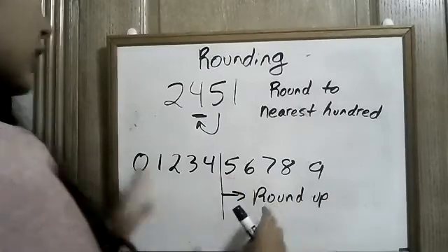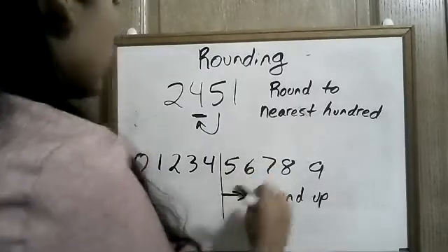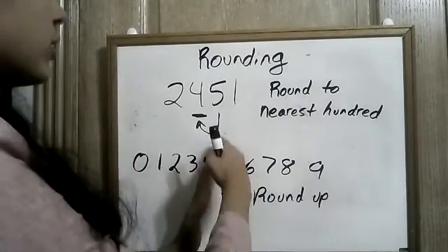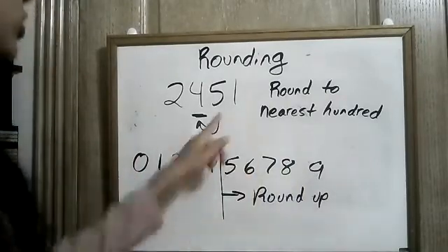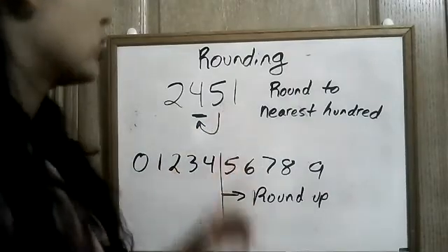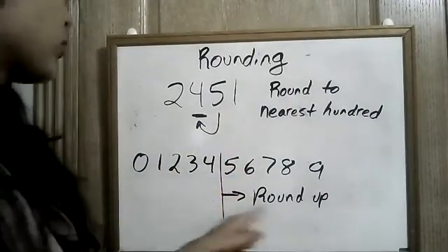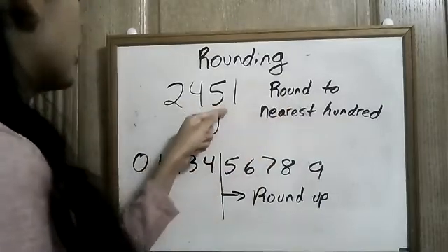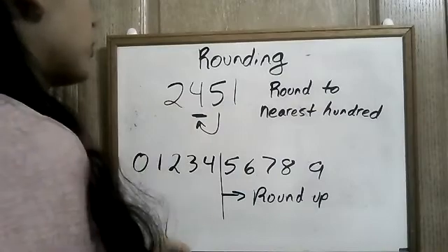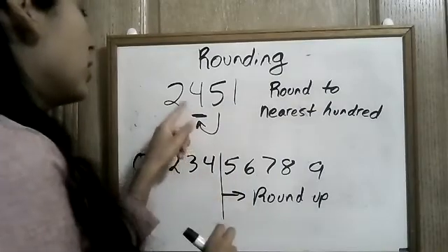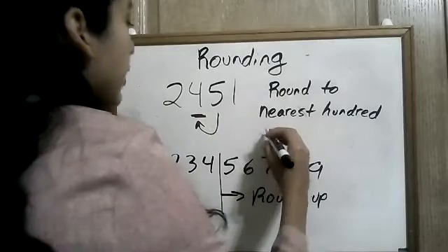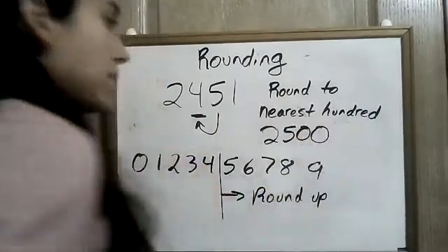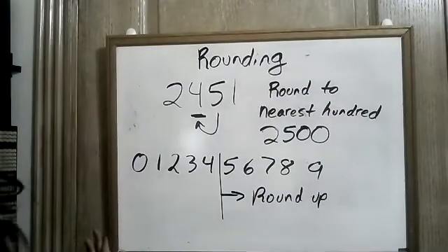Because 5 is a number in the middle, and if you include 0, there's actually an even number right in between. So because 5 is, by our rules of math, a number we can round up, we can round it to the nearest 100. This 5 kind of promotes the 4 to be a bigger number. So we round it to this number now. Okay.